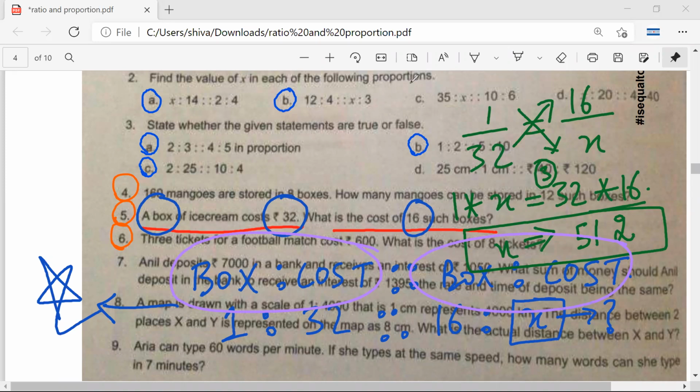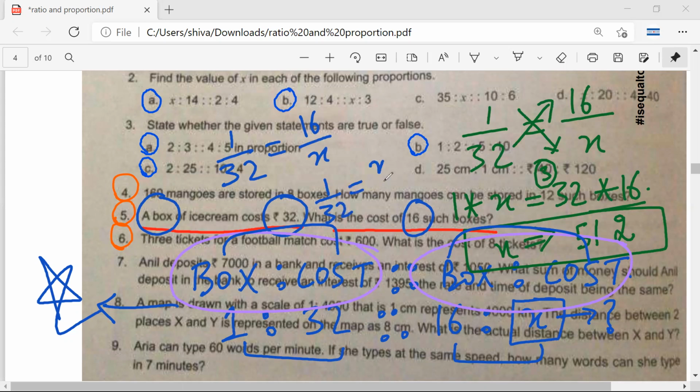Have you understood what I'm saying? Yes. It will always be box to cost, box to cost. And the second simple thing is always write this as 1 upon 32 is equal to 16 upon x. Do not try to write this as 1 upon 32 is equal to x upon 16.